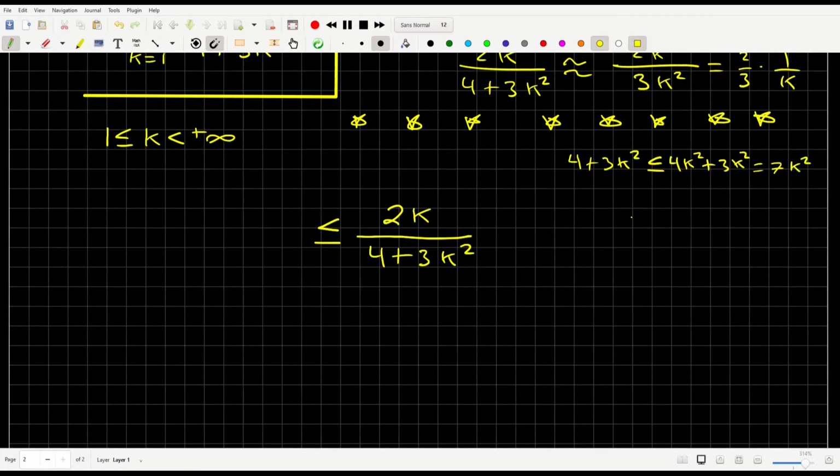So because this inequality always holds, we also have that 1 over 7k squared will always be less than or equal to 1 over 4 plus 3k squared.